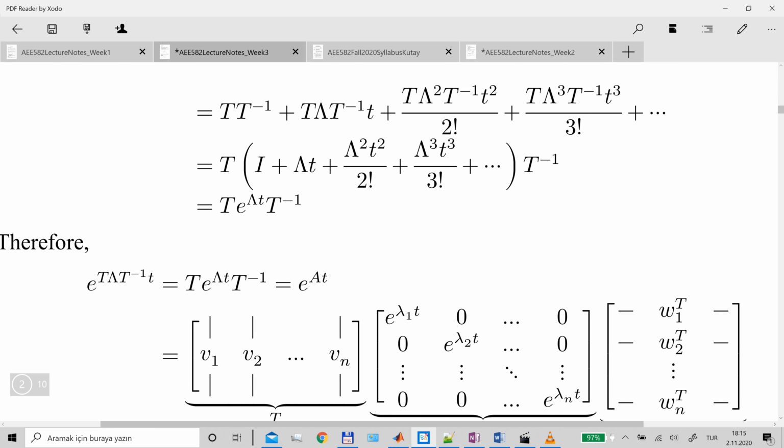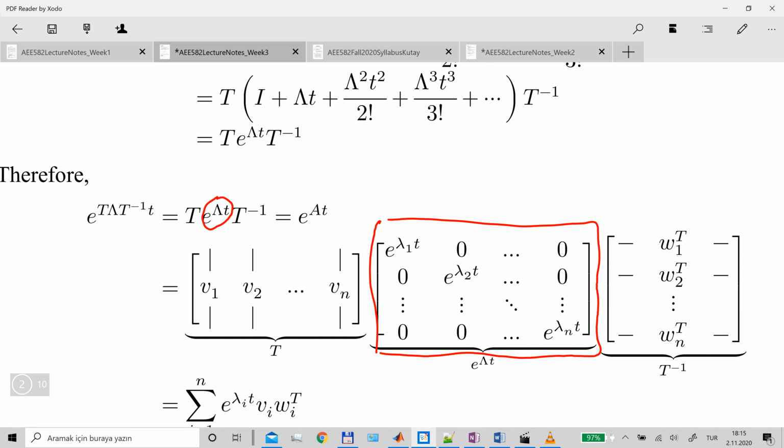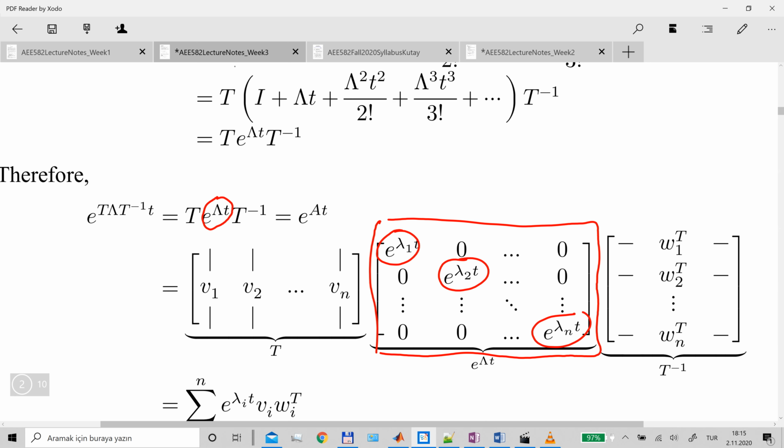So e to the power lambda t can be directly written as you see here. Instead of taking the exponential of the matrix, you simply take the exponent of the individual terms on the diagonal.